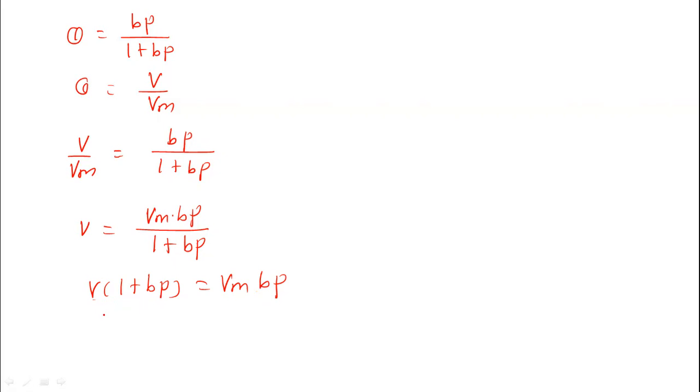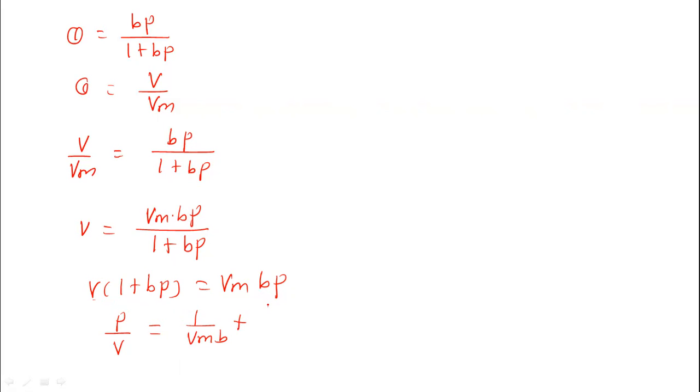We can write the equation in this way: p upon V is equal to 1 upon Vm into b, plus b into p divided by Vm into b.